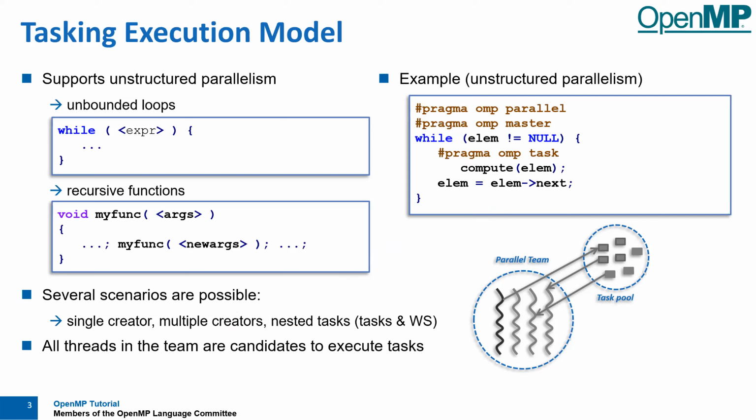You can blend tasking with work sharing constructs to have multiple creators available. So your loop chunks in a work sharing construct can also create additional tasks. And as I already mentioned a few times, all the threads in the team are candidates to execute tasks. So anytime they run out of work and they're idling, they will look at the task pool and grab a task for execution out of it.